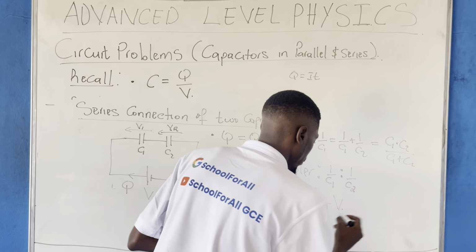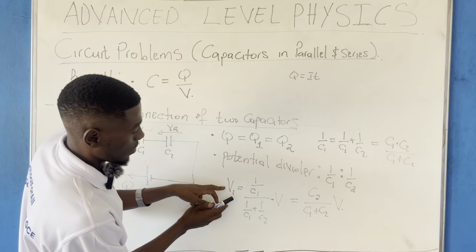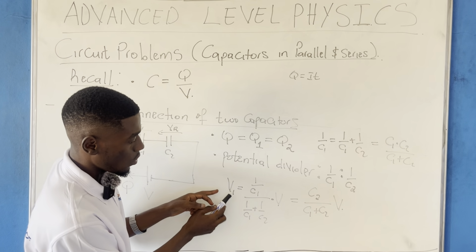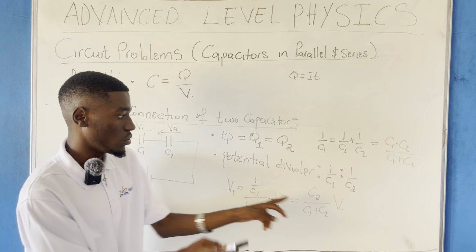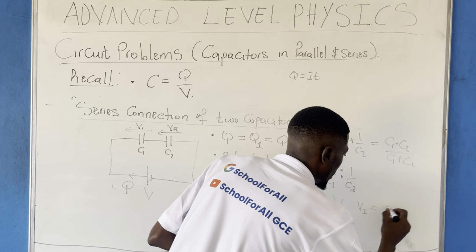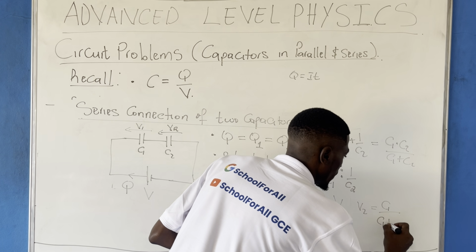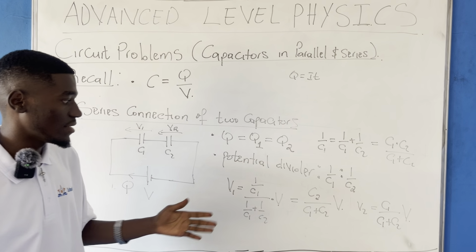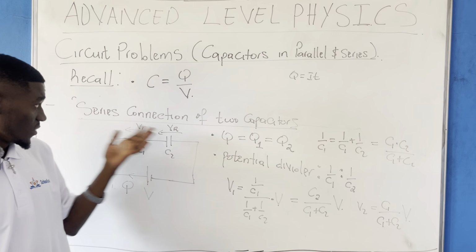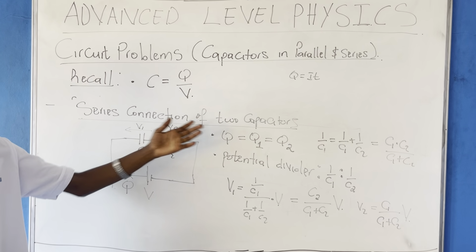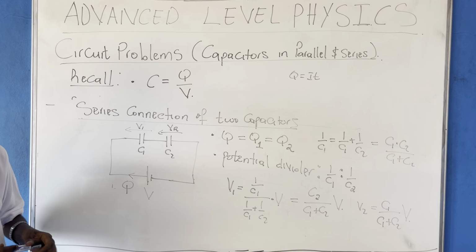So as you see, when we have 1 over C1 is to 1 over C2, when you're looking for V1, you start directly with C2. If I'm looking for V2, I will start directly with C1. So that is the information you should know about the series connection of two capacitors.